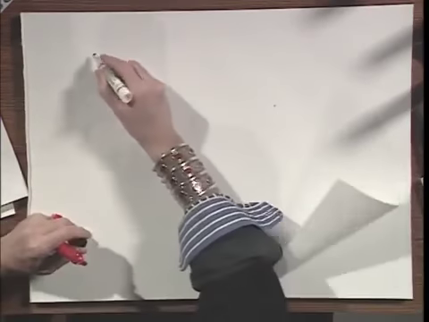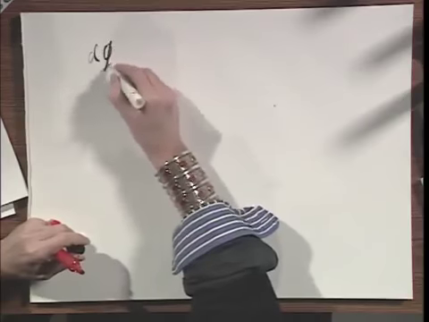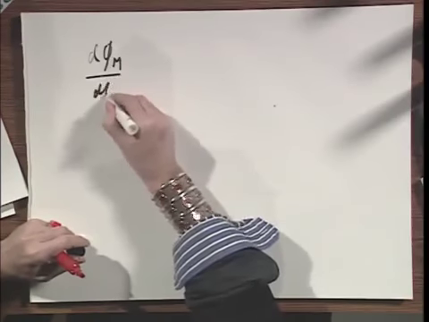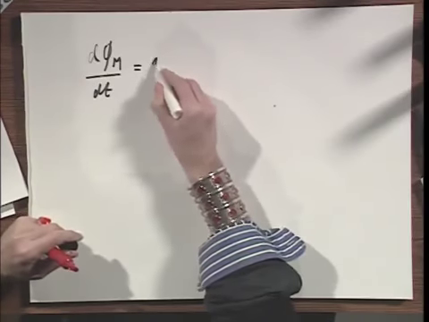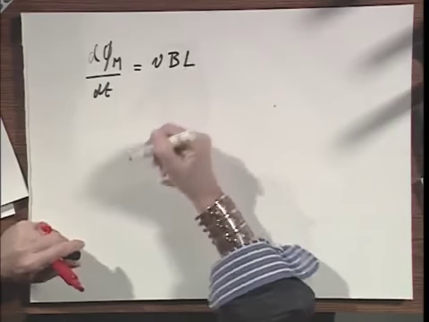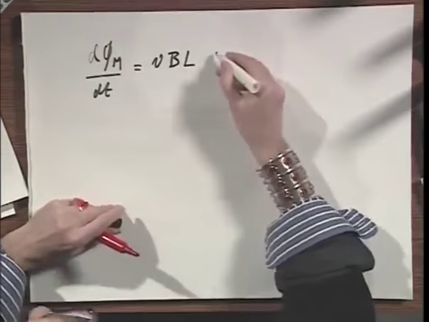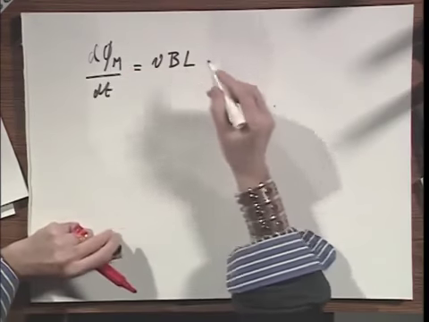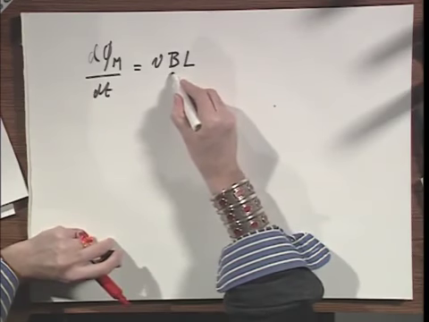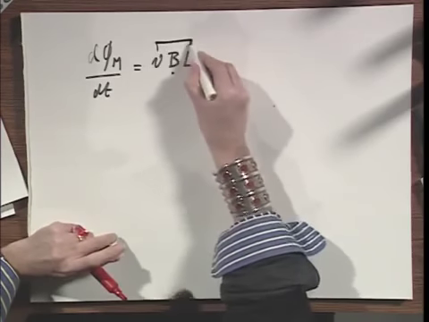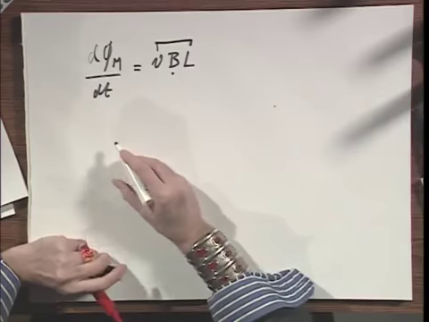Well, the magnetic flux change, d phi dt, when P begins to move into the magnetic field, equals VBL. Every second the magnetic flux increases with a value which is B times the increase in surface area, and the increase in surface area is VL.